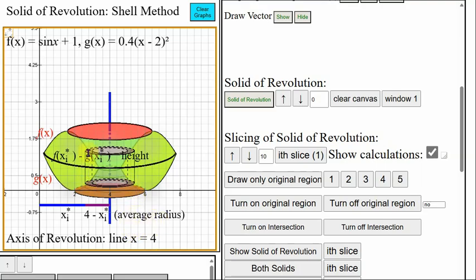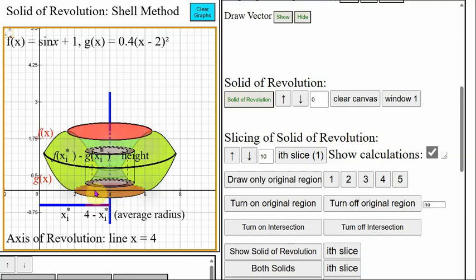And then to get the height for this ith shell, we're going to need the graph of g of x, and we're going to need the graph of f of x. This right here, this is x sub i star. And so the distance from the x-axis to the graph of g of x is going to be g of x sub i star.